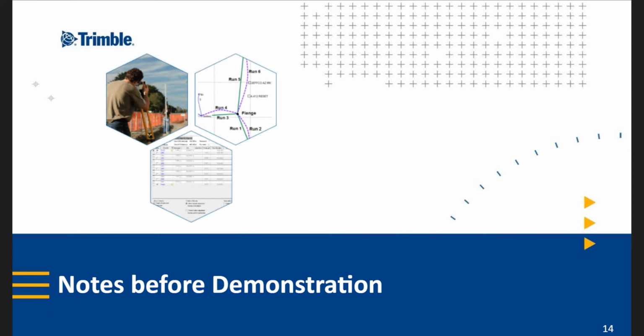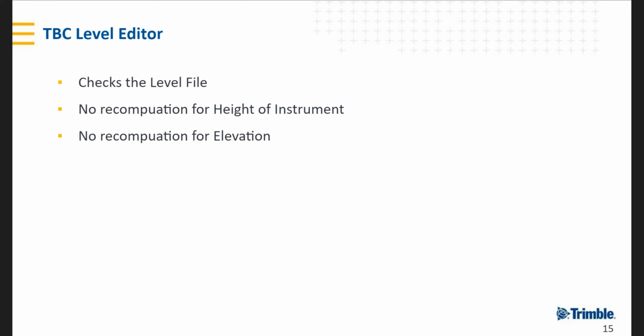Okay, and then moving on to some notes before we jump into the demonstration: the TBC level editor. You bring in your file, so what does it do? The level editor just checks the file. It goes through and sums everything up, and then checks what the values are in the file.